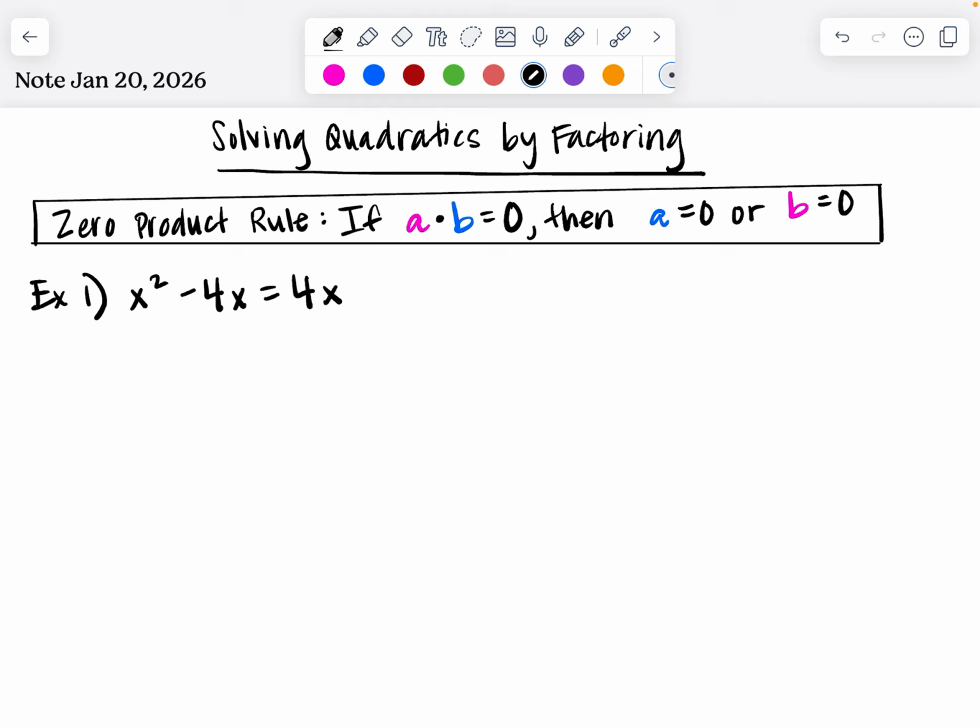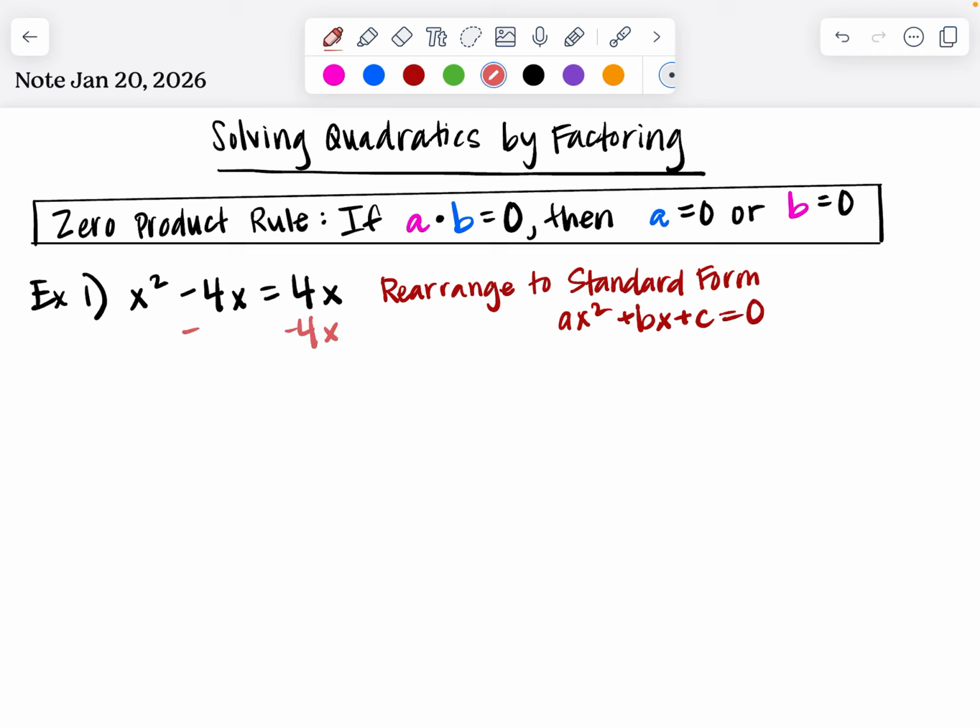Okay, so the first thing you have to do is rearrange to standard form. We need the original problem to equal 0. So we'll subtract 4x.